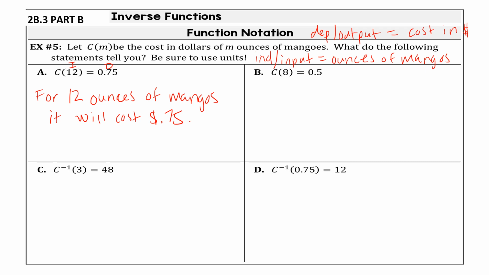Okay, so let's do it again here, identifying my input and my output. This is my input, my independent, and my dependent. So here, what is it telling me?